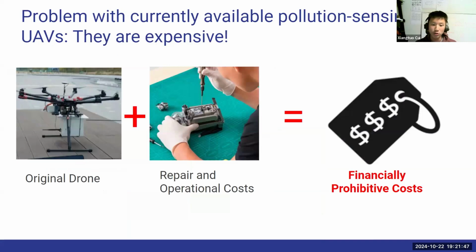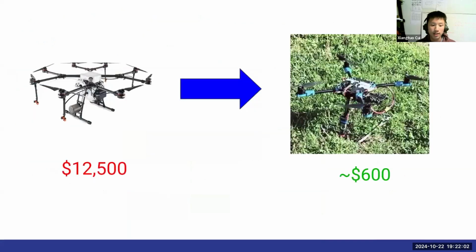When the original drone's price tag is paired with repair and operational costs, the overall usage of a pollution monitoring UAV is extremely expensive and financially prohibitive for many people. Thus, our goal as a group was to design a UAV with the same capabilities as the more expensive drones, albeit with slightly lower quality, but at a much lower cost.